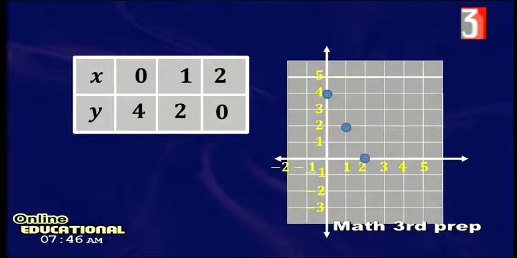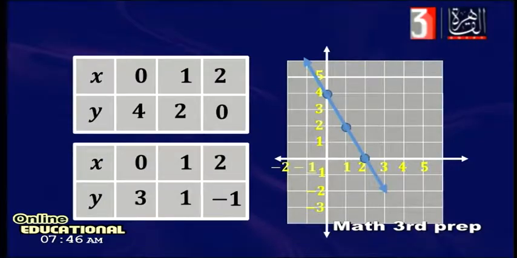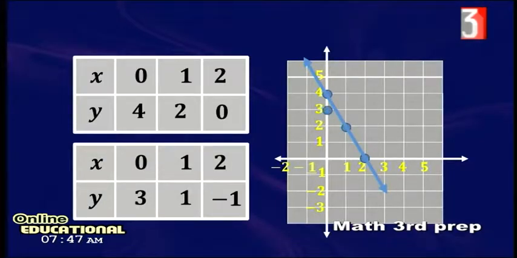What about the other table? It is 0 and 3, 1 and 1, 2 and negative 1. Try to join them together. What are you going to notice? You are going to notice that these two straight lines are parallel. So there is no intersection point between them.